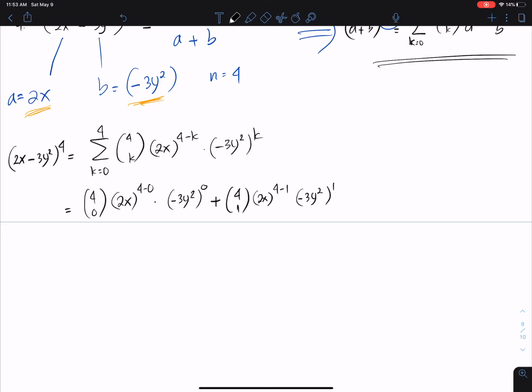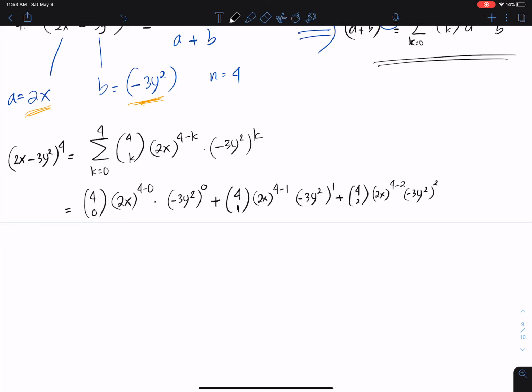Clear? Then k equal to 2: combination 4 2, 2x to the power of 4 minus 2, times minus 3y squared to the power of 2.